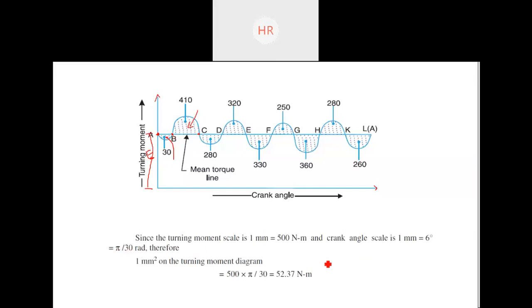First, we will convert this scale into Newton meter. We are given the scale: on the y-axis, 1 mm is equal to 500 Newton meter, and for the crank angle on the x-axis, 1 mm is equal to 6 degree. We are converting this degree into radian, so we are getting pi by 30 radian. So 1 mm square, this mm multiplied by this mm, will make mm square.